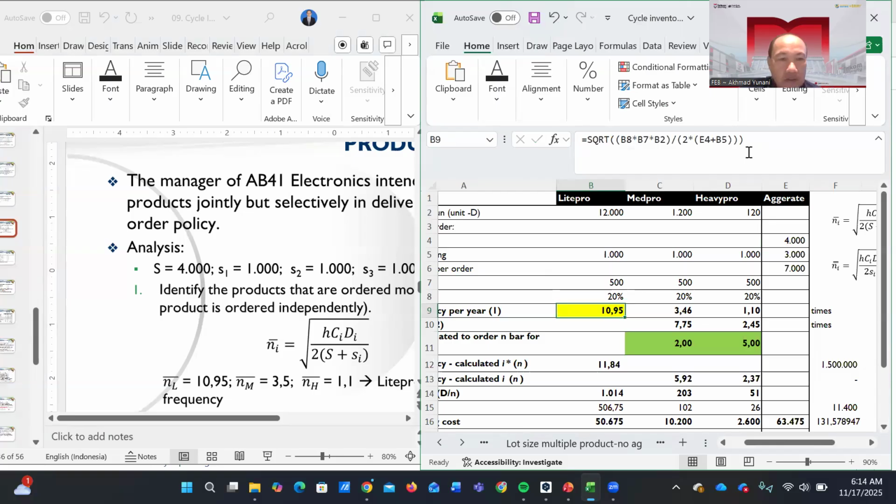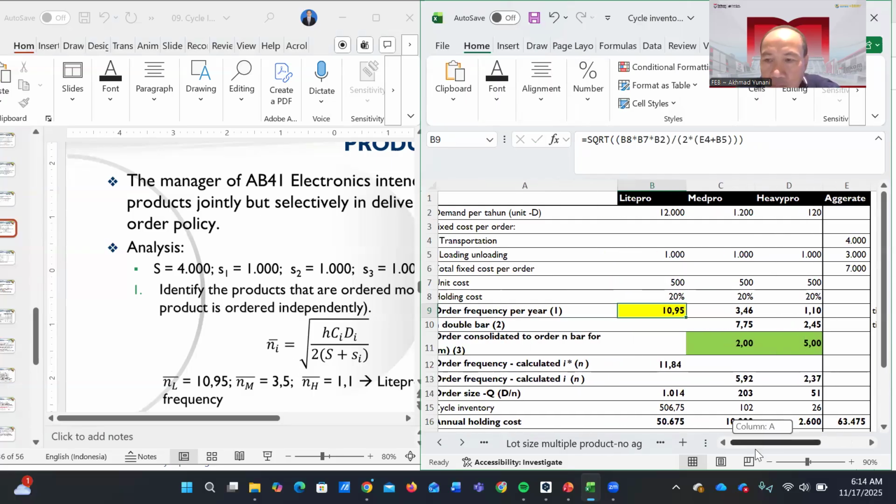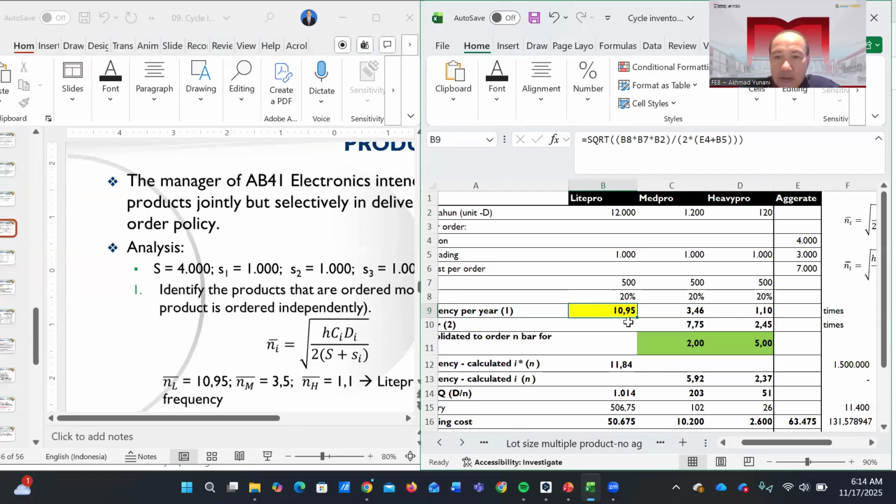Okay, this is N bar for light blue. We will order 10.95 times for light blue.